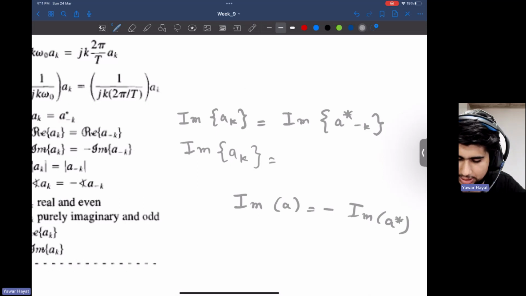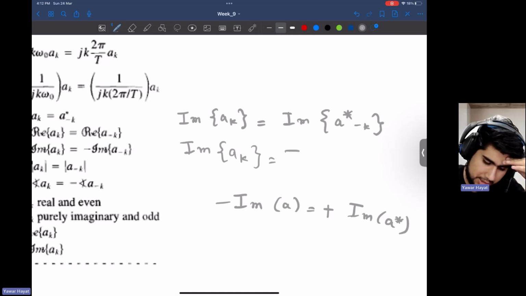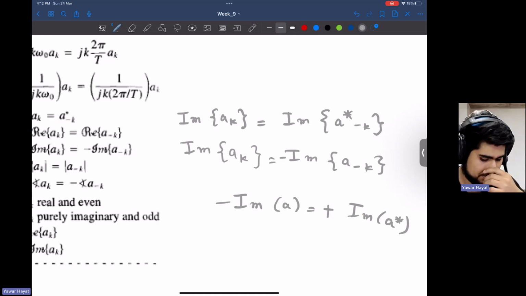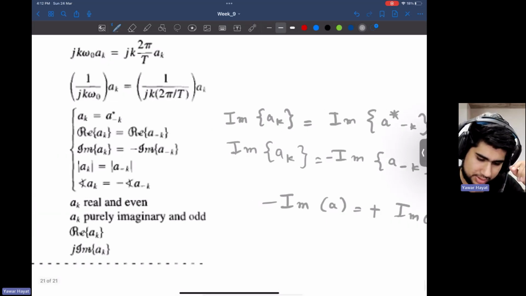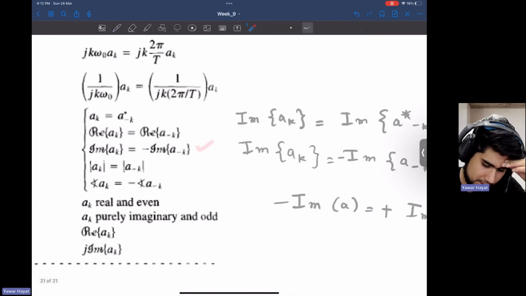The imaginary part of any general signal A would be minus the imaginary part of A star. This is intuitive. Likewise, the imaginary part of A star would be equal to minus the imaginary part of A. So I can write the imaginary part of a_{-k}, but with a negative sign. So that is how this property comes about.